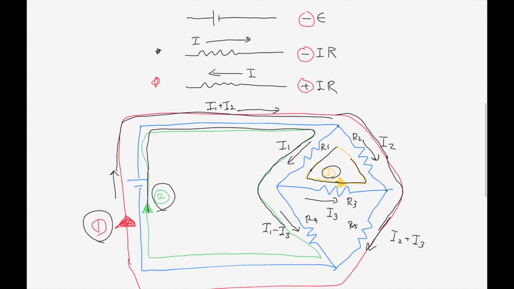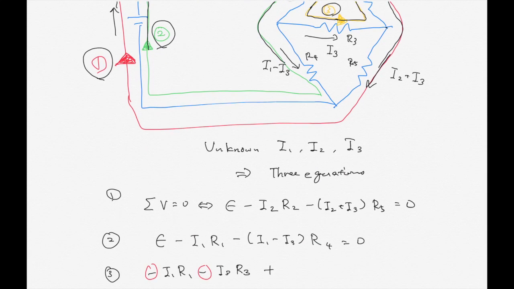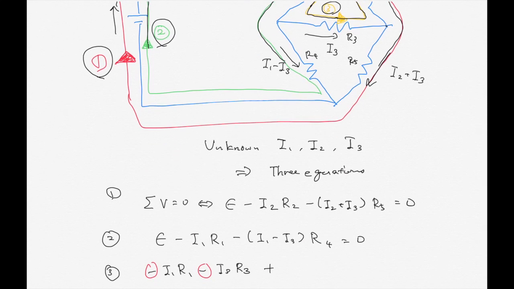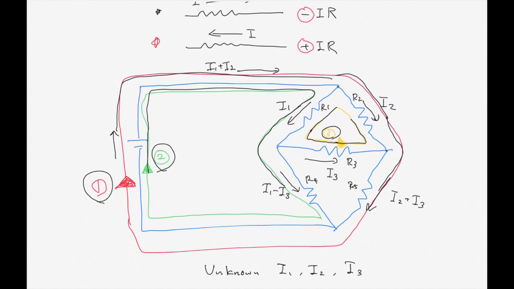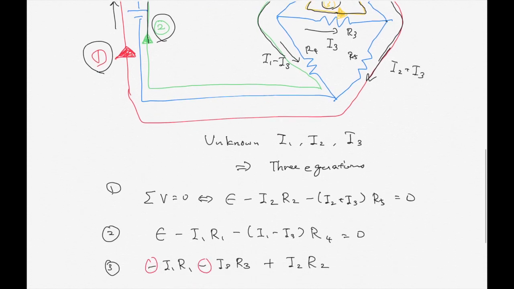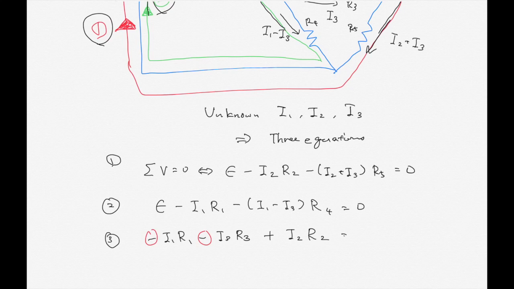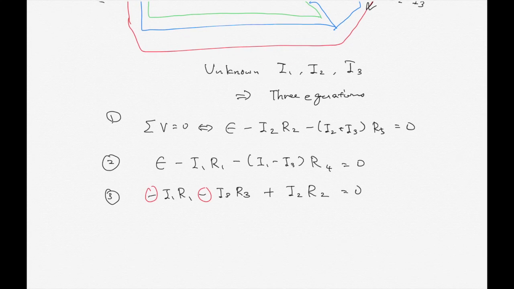So positive I sub 2, R sub 2. The current is I sub 2 and the resistance is R sub 2. Positive, equals 0.